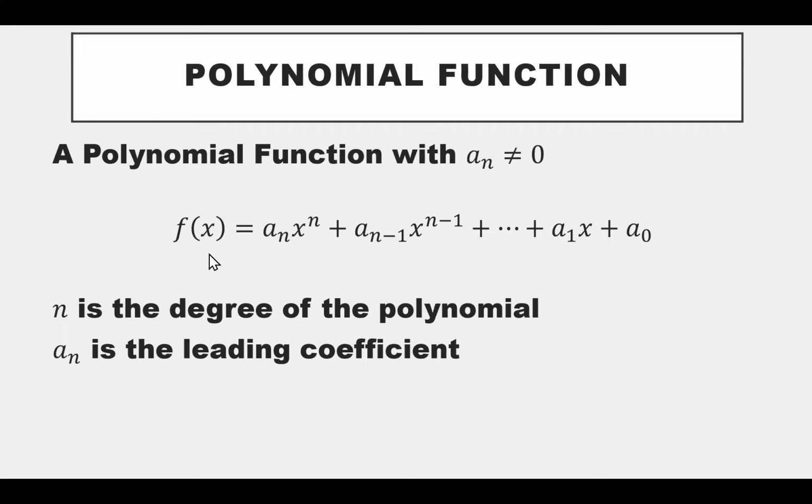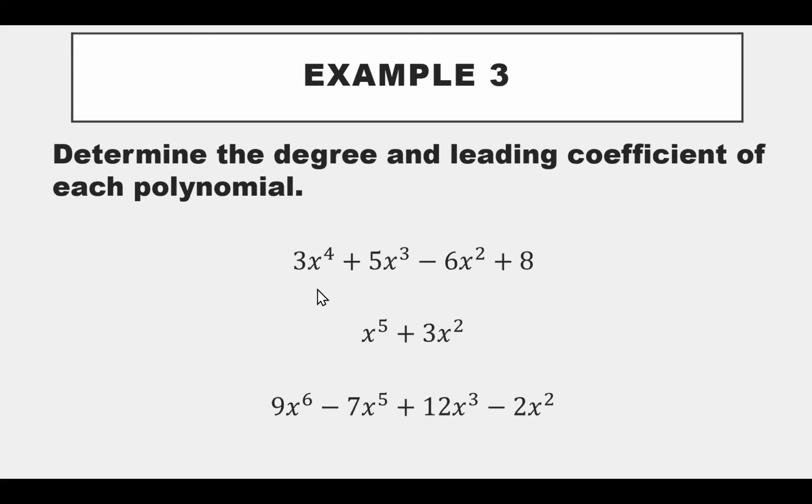So a polynomial function has an output which is a polynomial. And in this example, we're just saying if the output is this, what's the leading coefficient and the degree of the polynomial? Again, we could have asked what's the leading coefficient and degree of a polynomial function if this were the output of a function.